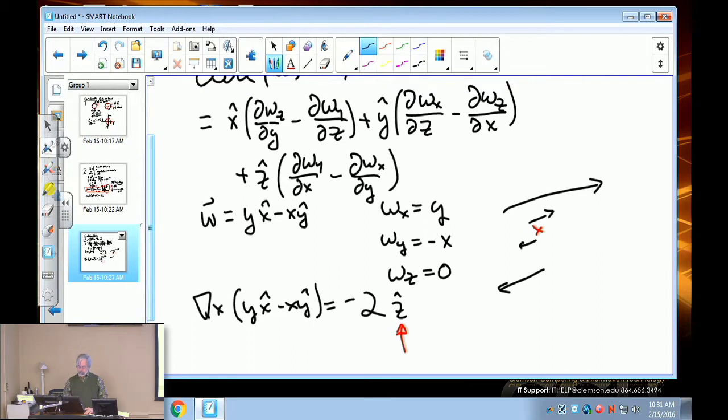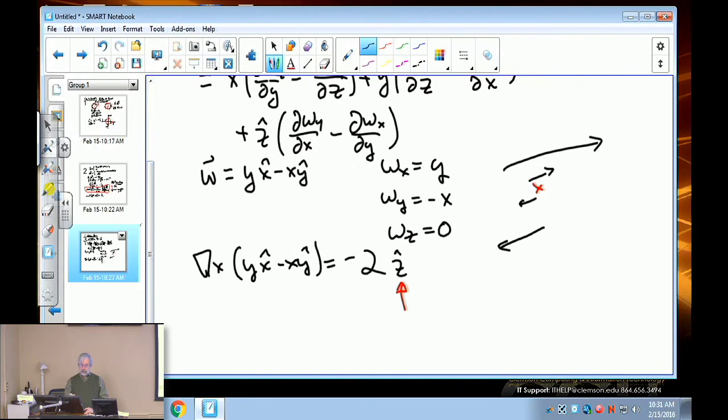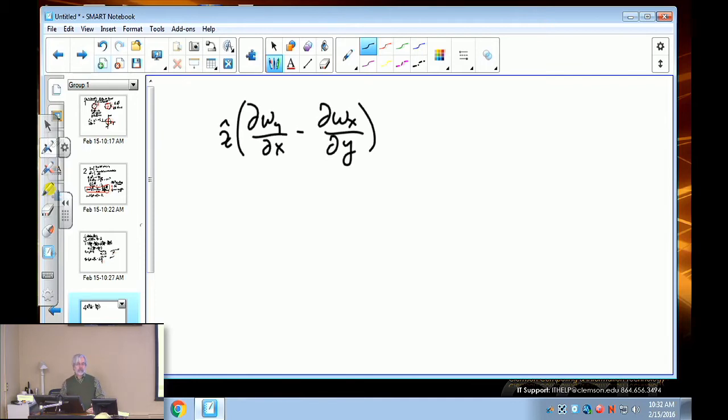Okay, so let's look at this term, this z hat, which is like the one we just did here. So the z component of the curl is the derivative of the y component of w with respect to x. So let's look at the y component of w, right? That would be the y component is the component that's up.